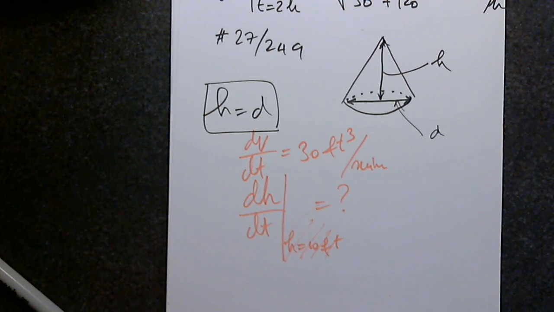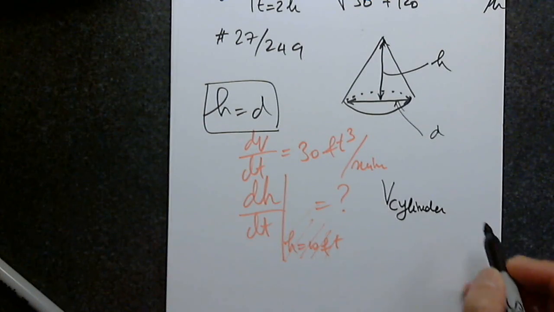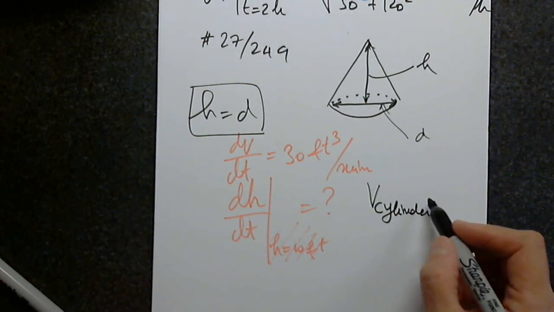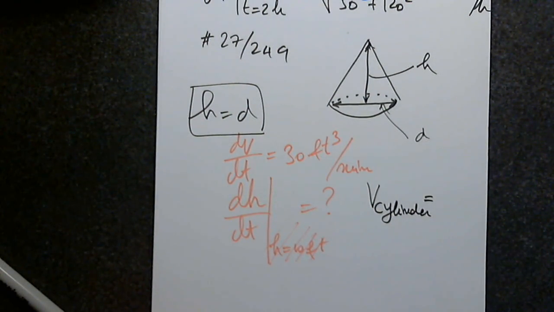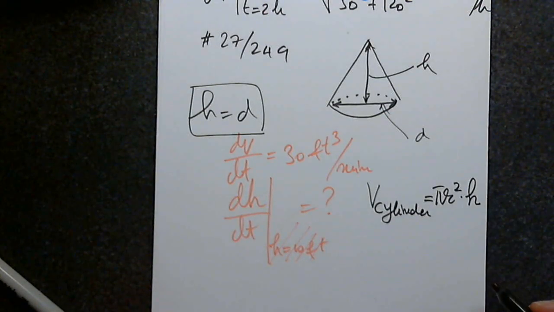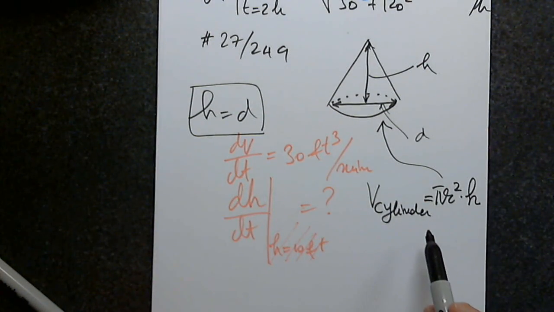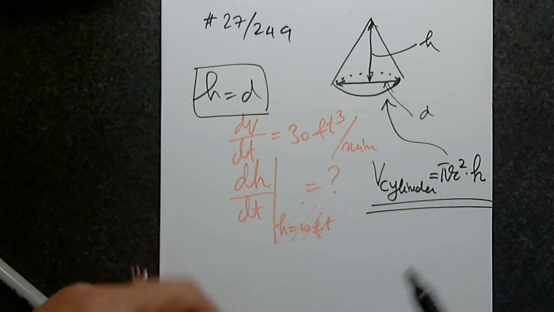Where is the starting point? So let me refresh your memory. We know the volume of a sphere. Here's the volume of a cylinder. And you say a cylinder? Yes, just bear with me. Area of the base, which is pi r squared times the height. The volume of a cone is identical, but divided by 3. That's why I wanted you to remember this.